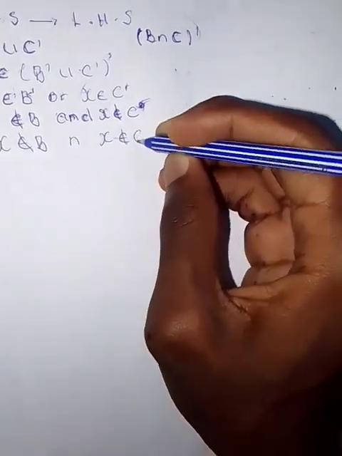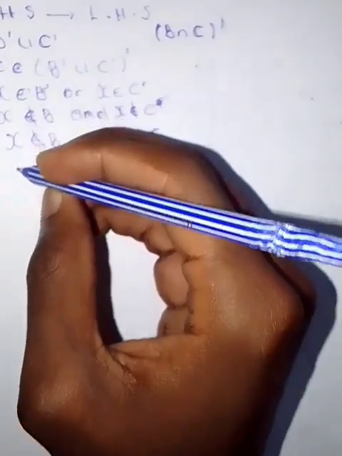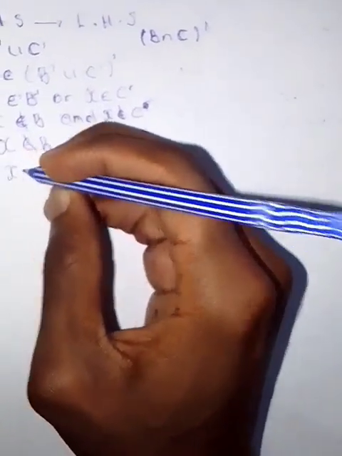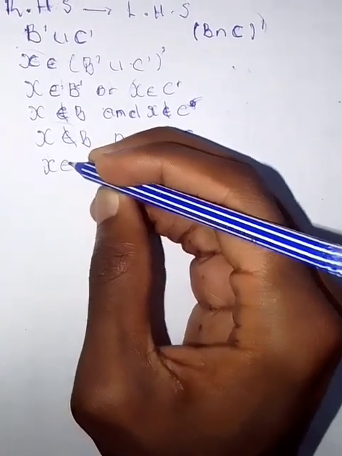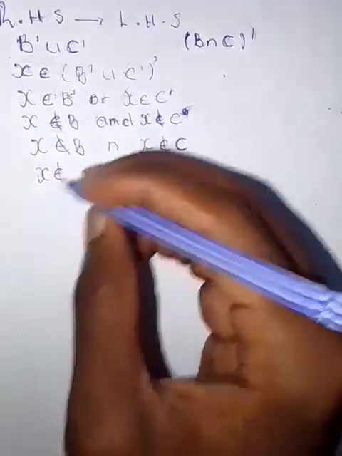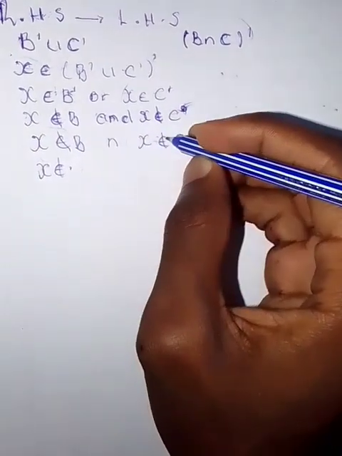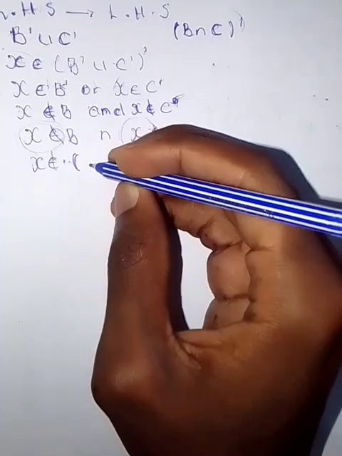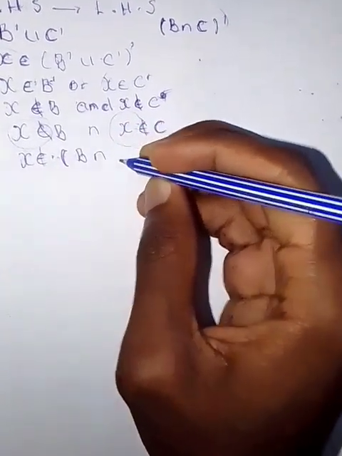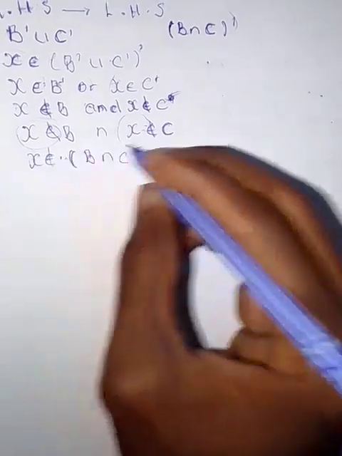Now what's common here? X not being a member of is common, right? You are going to factor it out, so we are going to remain with X not being a member of B intersected with C. Now remember, this can also be written like this. This is one and the same.